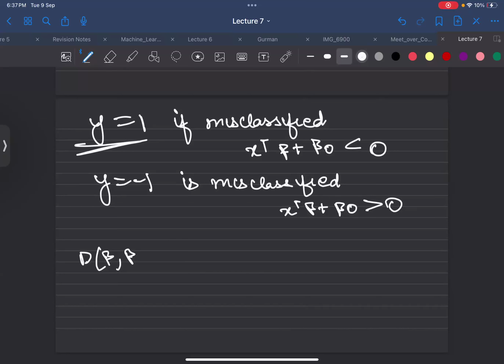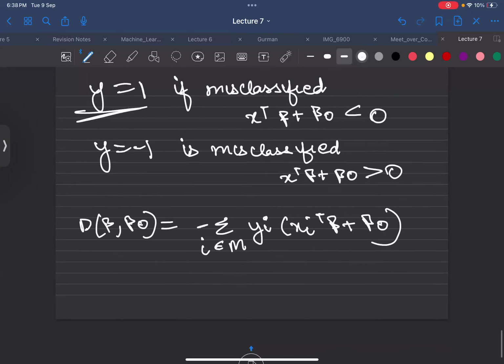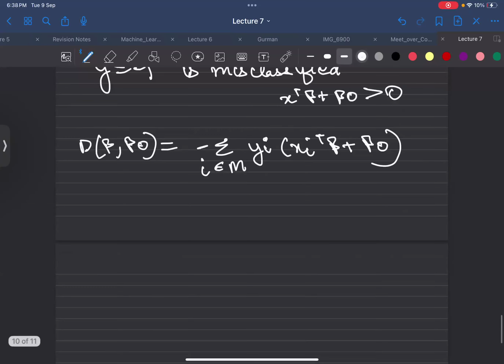Now, what is the perceptron criterion? I'll write it, and then you should tell me what I'm trying to say. Maybe I'll make it simpler.